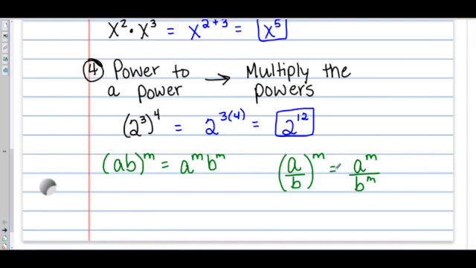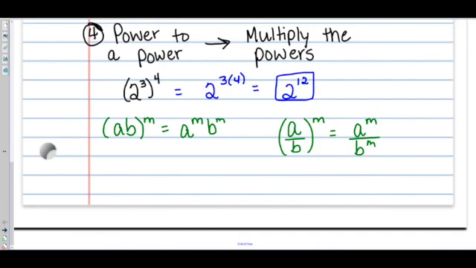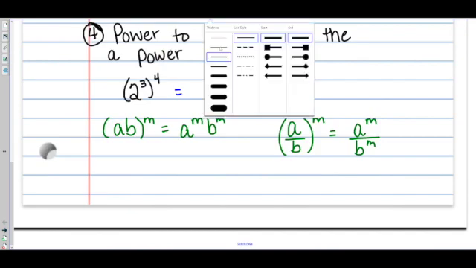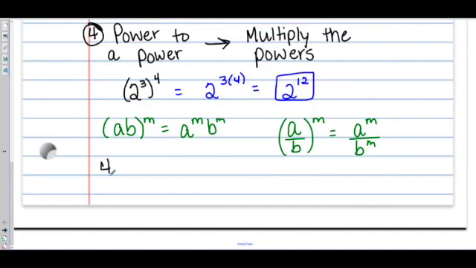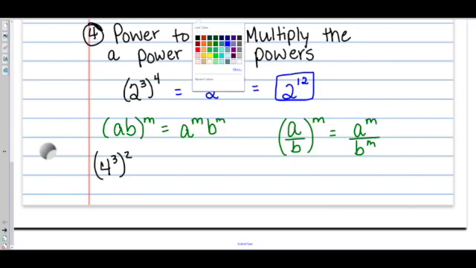Okay, let's do another example here. Let's say you have 4 to the third power to the second power. So you have a power to a power. Remember that this 2 belongs to everything in here.